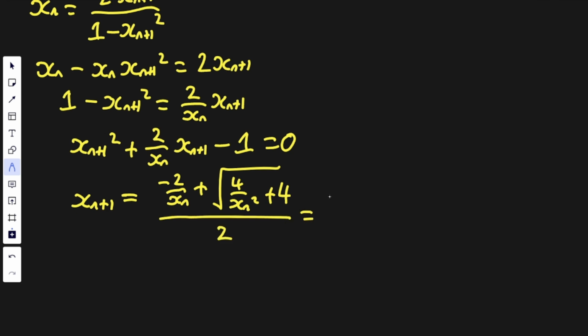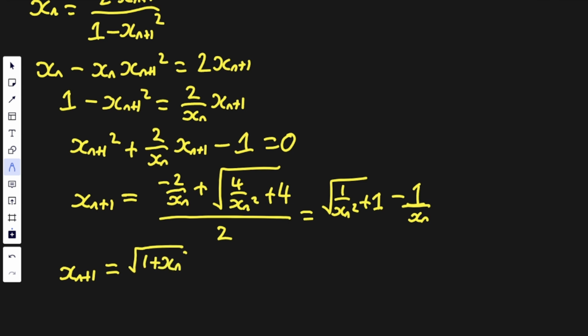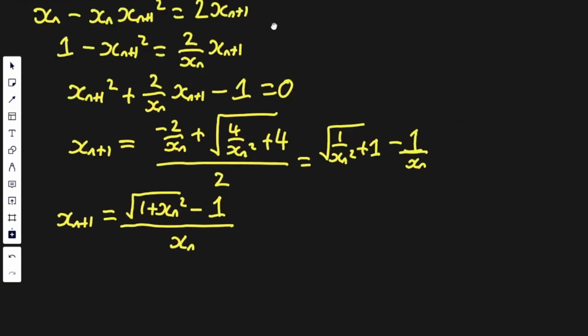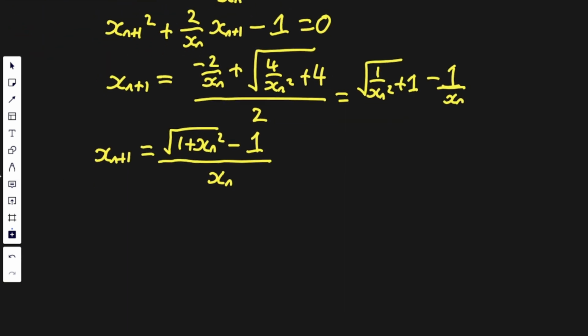This simplifies to become the square root of 1 over x_n squared plus 1, minus 1 over x_n, and simplifying all of this we get the recurrence relation x_{n+1} equals the square root of 1 plus x_n squared, minus 1, all over x_n, like this. And remember, this is going to determine our coefficients.